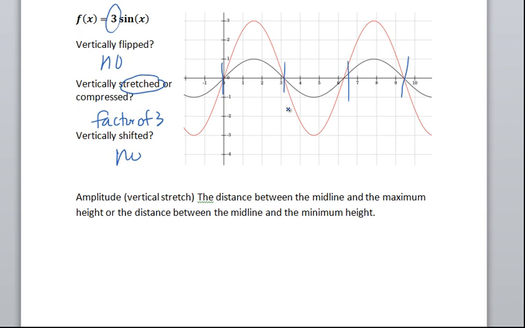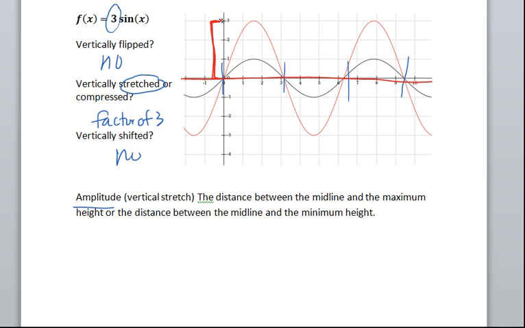Okay, and of course we have a new name for that, and that is amplitude. And what the amplitude is, it's the distance between the midline and the max, or the midline and the min. So our midline is here, y equals 0, right, because we're not vertically shifted. And the distance, this distance here, that's the amplitude. Okay, and so the amplitude is a non-signed number.